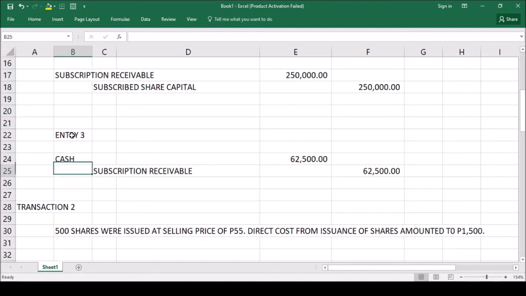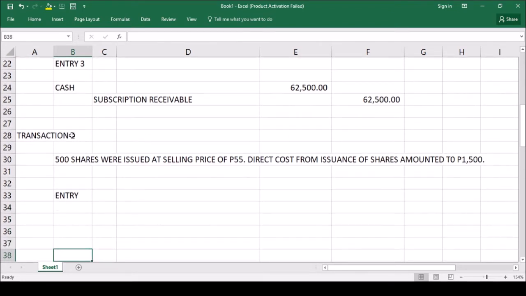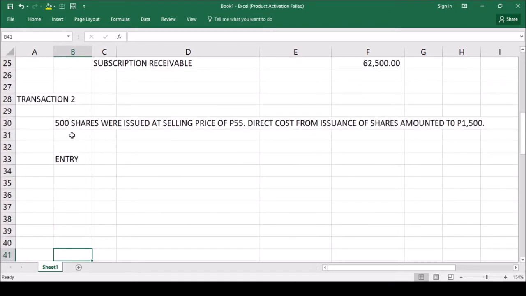Okay? The second transaction that I prepared is about issuance of shares above par, and then there was a direct cost incurred from the issuance of shares amounted to 1,500. Question, paano po natin gagawa ng entry ito, no?